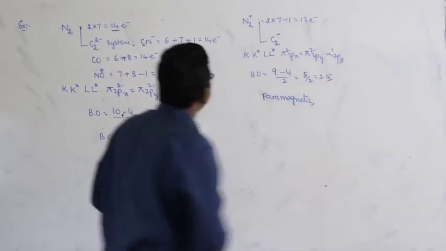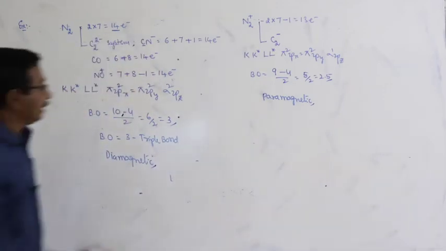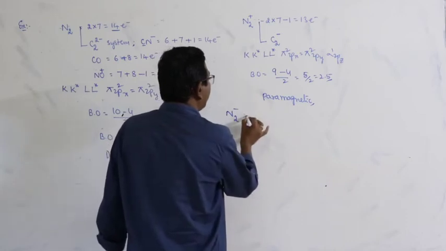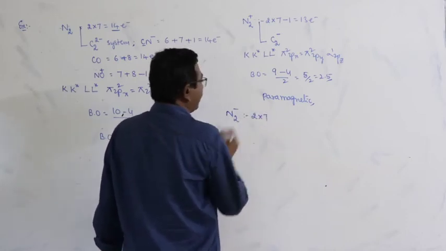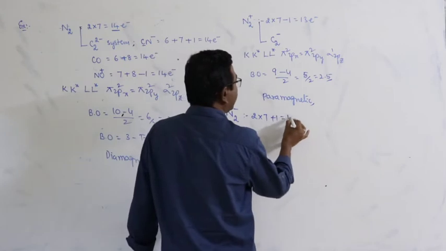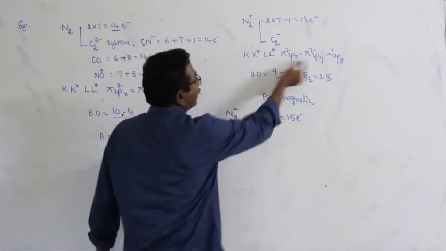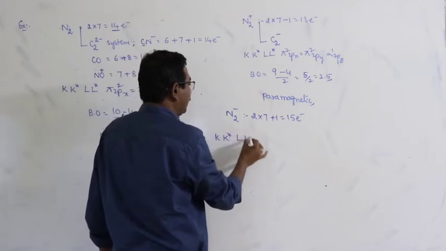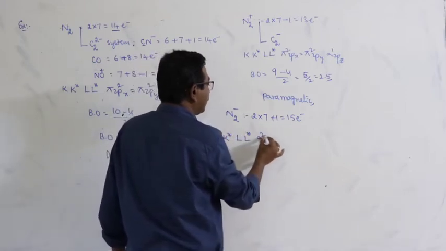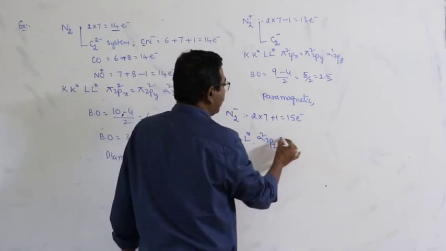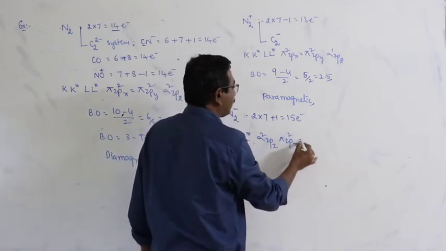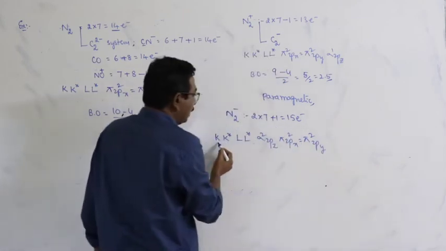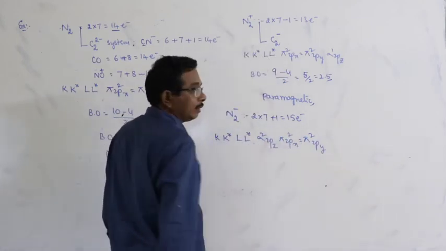And here, this is a peculiar one, N2 minus. N2 minus means 2 into 7, 14, plus 1, that is equal to 15 electron system. Here the configuration is changed. KK, sigma 2p square z, pi 2p square x equal to pi 2p square y, 8 plus 6, 14.